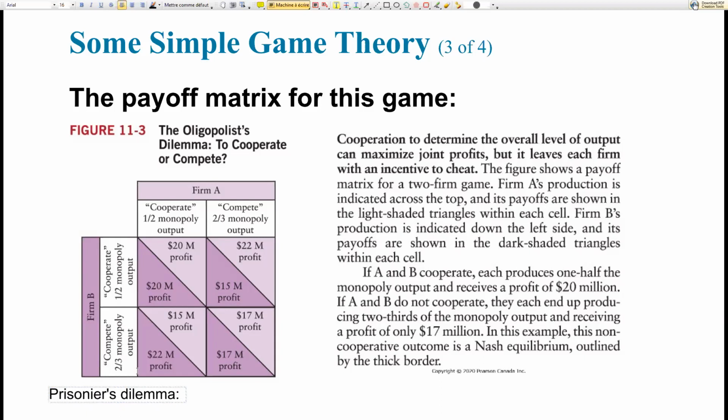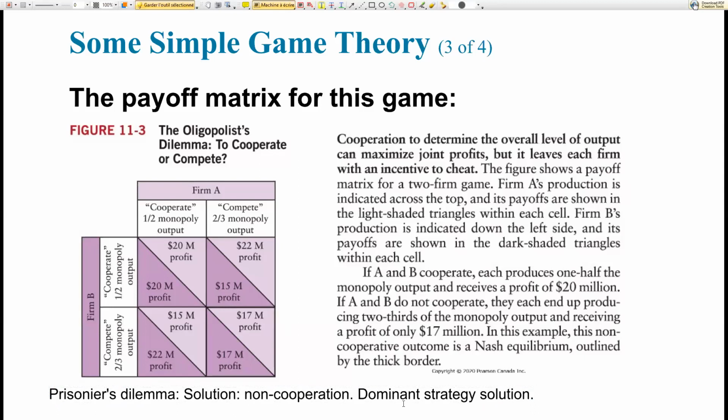So the only possible solution is compete, or non-cooperation. And this is a dominant strategy solution.